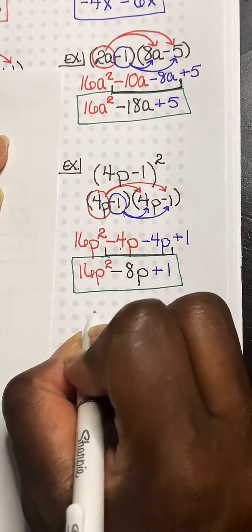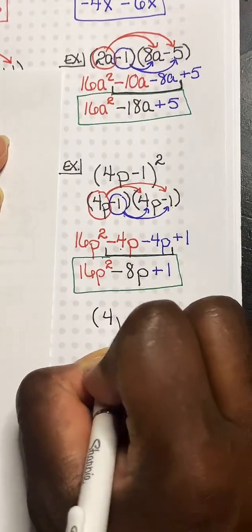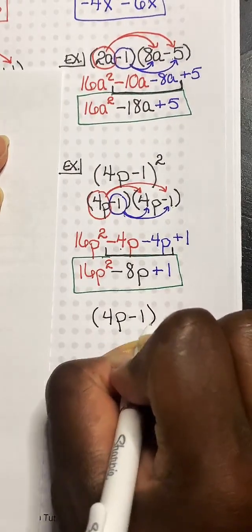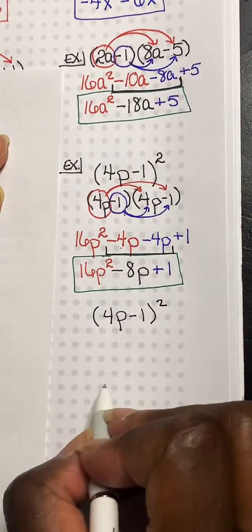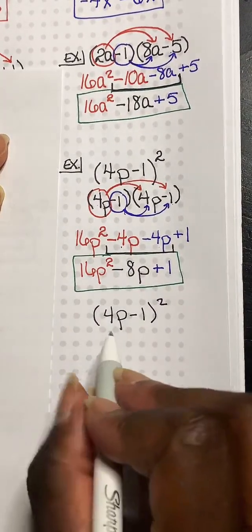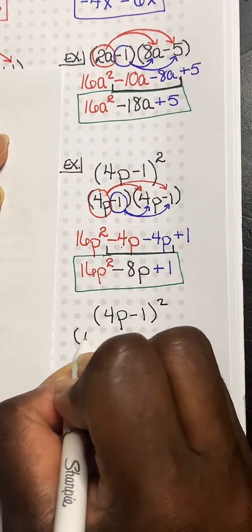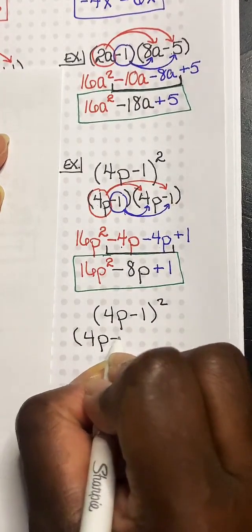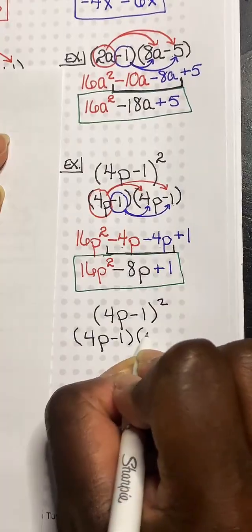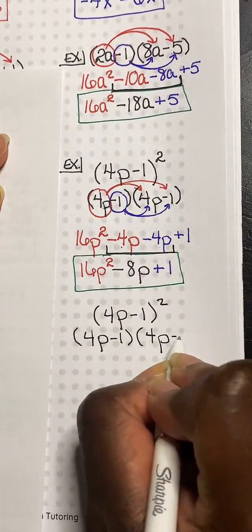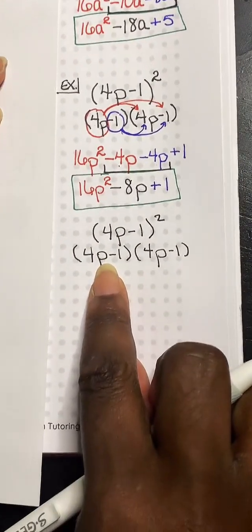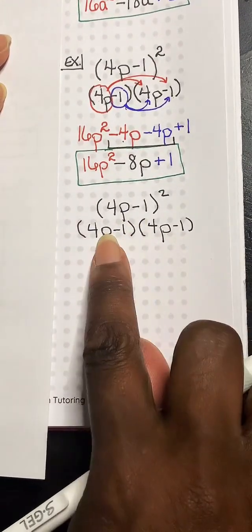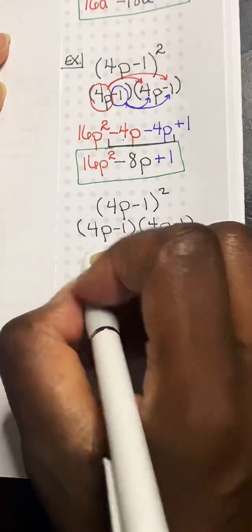If you see it as 4p minus 1 squared, and you like the box method, when you break it up, you're going to have 4p minus 1 and 4p minus 1. So you're going to have a binomial multiplied by a binomial, so a 2 by 2 box.